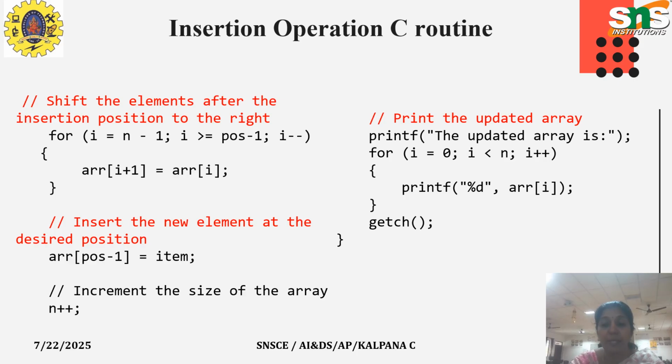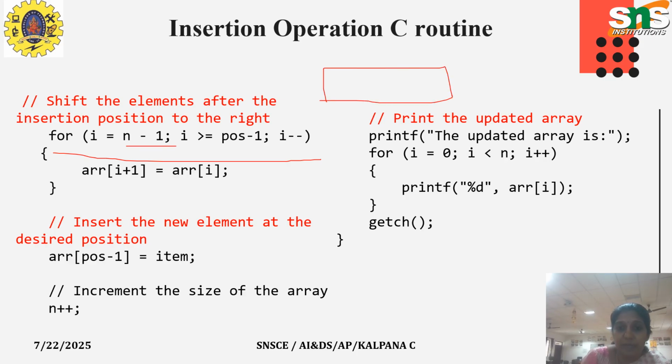As I told you, we are going to right shift the elements in the array. So for right shifting we use this. Which means what? I is equal to n minus 1. So you all know the array. Just before that we have seen how the right shifting is done in an array.